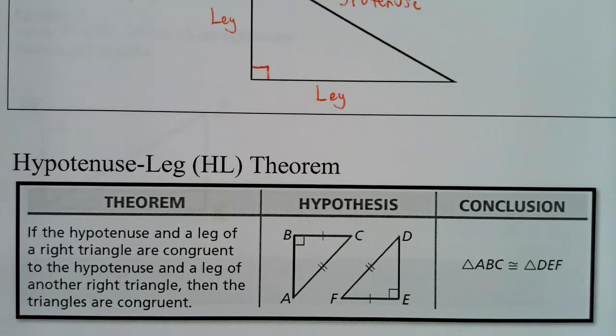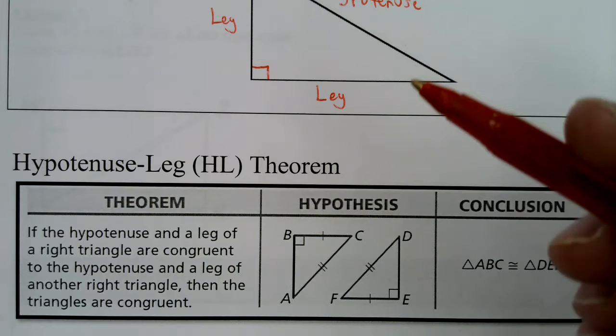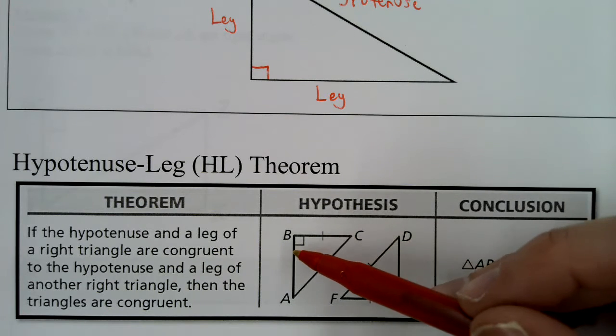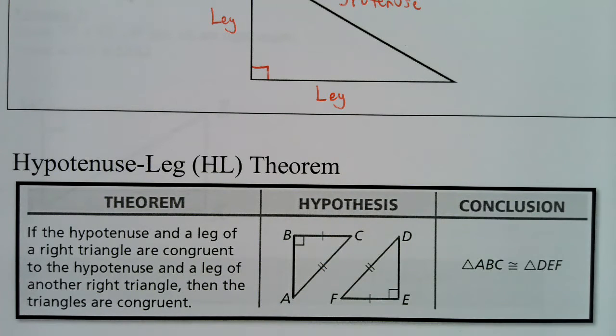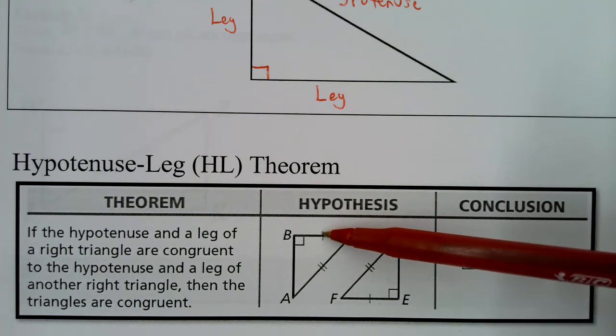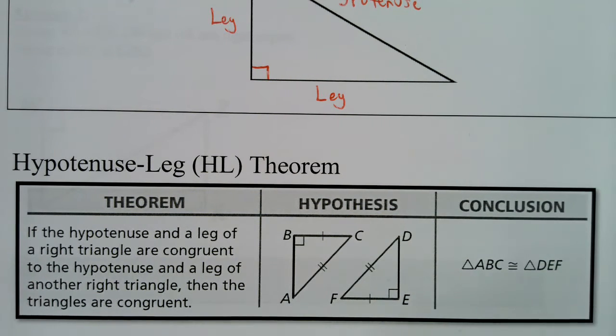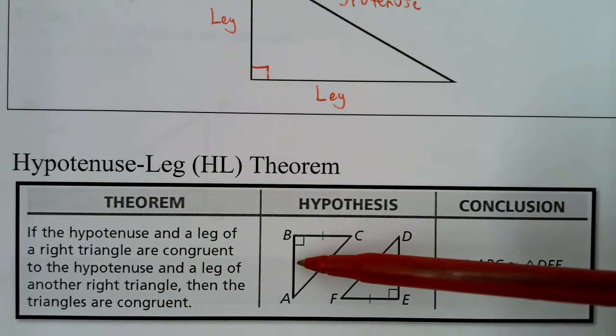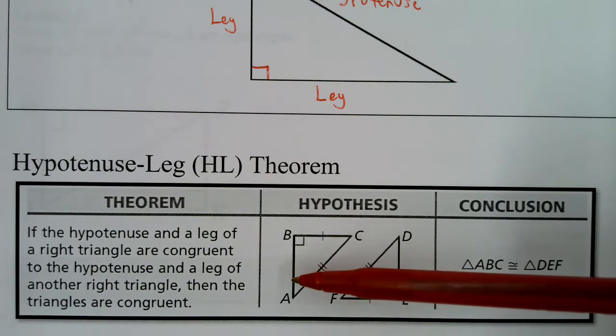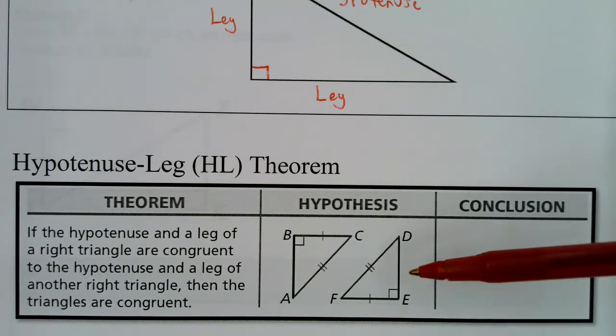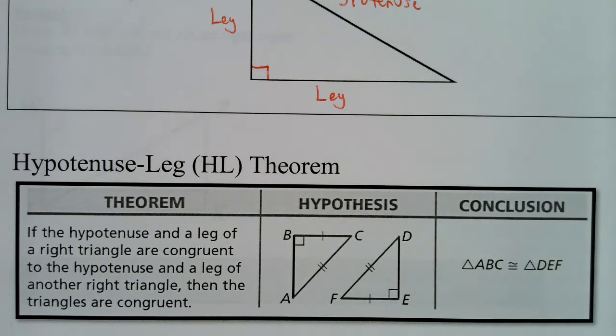The reason why this works is if you think about the Pythagorean Theorem for right triangles, which says that a leg squared plus another leg squared equals the hypotenuse squared. So if this leg equals that leg, and this hypotenuse equals that hypotenuse, then when you apply the Pythagorean Theorem and solve for the missing side, this missing side AB has to be the same as this missing side DE.